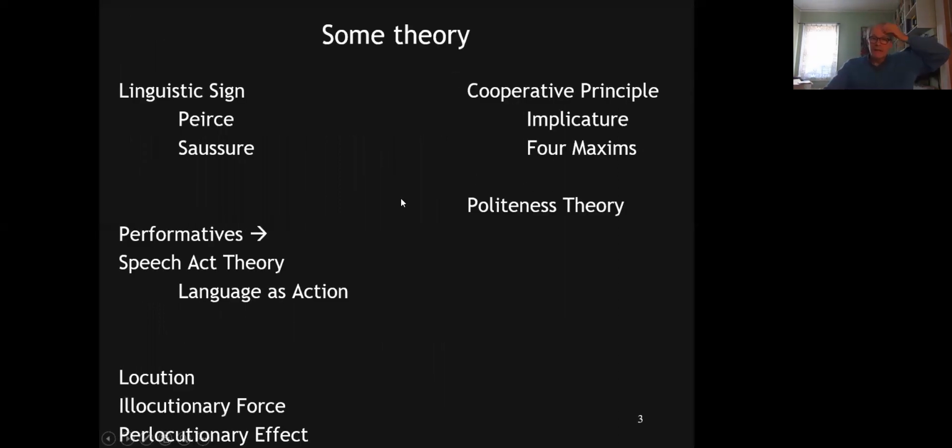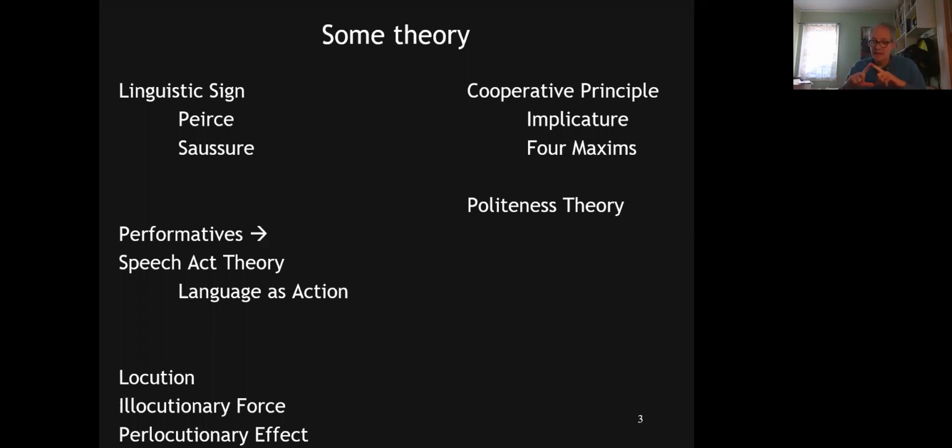So the theory part that we discussed pretty briefly was the linguistic sign and the difference between the Saussurian and the Peircean linguistic sign, and how from my perspective, the Peircean linguistic sign makes more sense to think about language use because there's this interpretant involved, and that part is absent from the Saussurian linguistic sign.